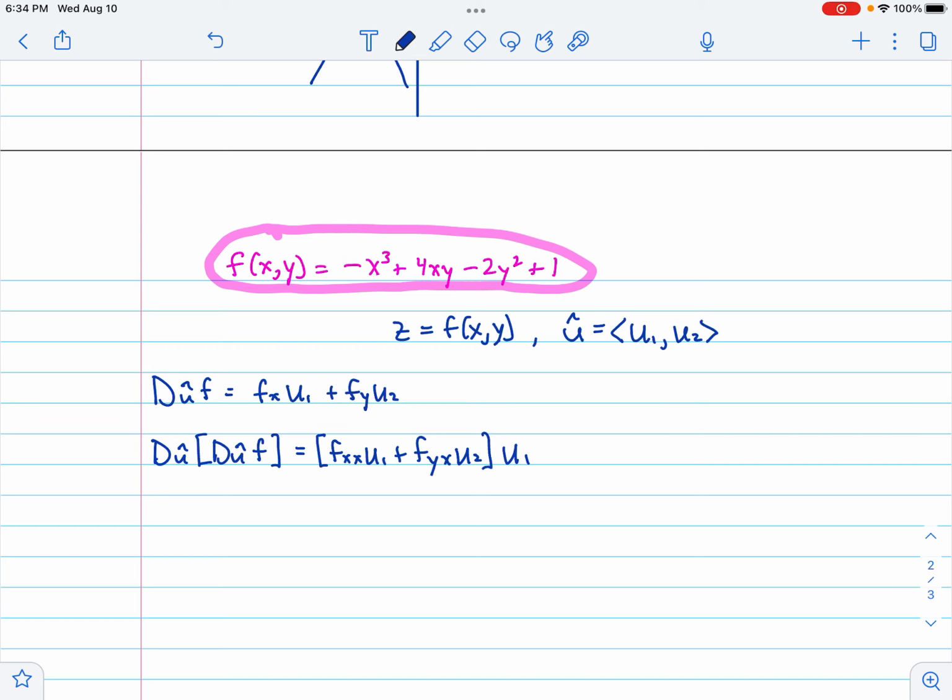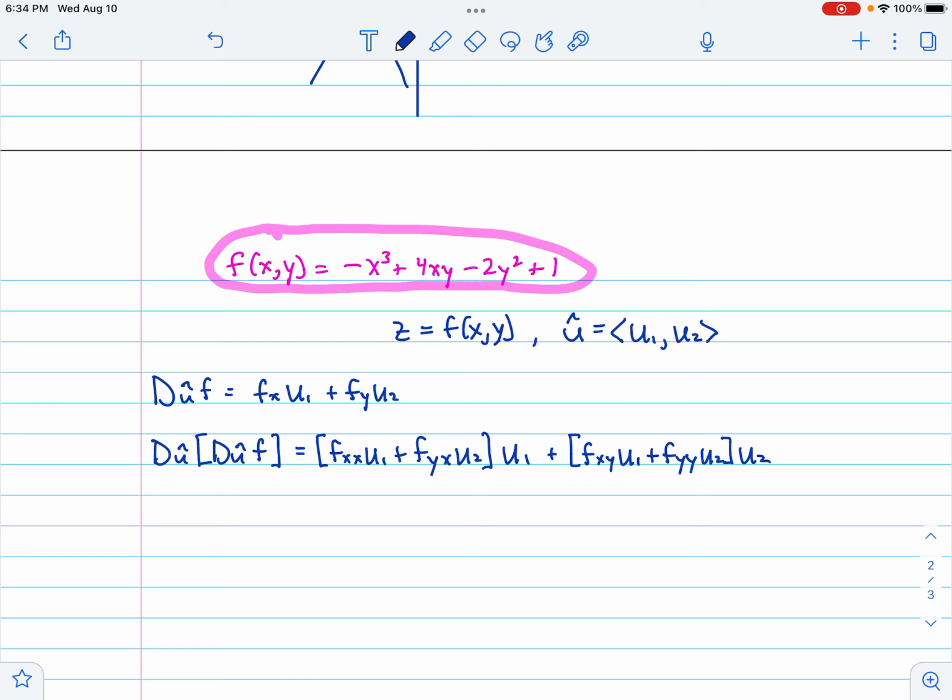In the case of f partial x, I just put another x there. In the case of f partial y, put an x with it. Now plus, we take the derivative with respect to y. So we have fxy u1 plus fyy u2. That's it.